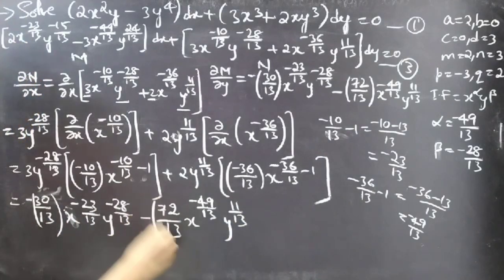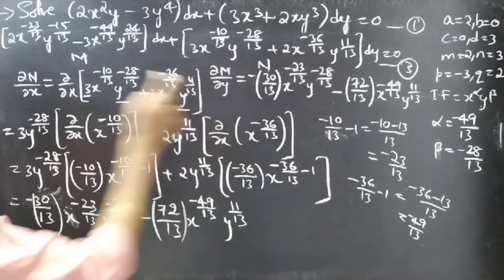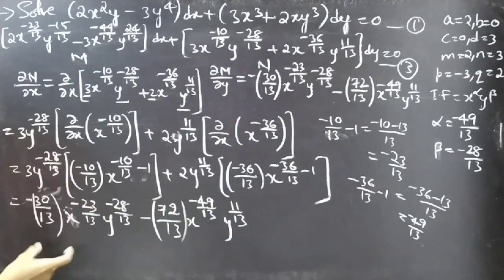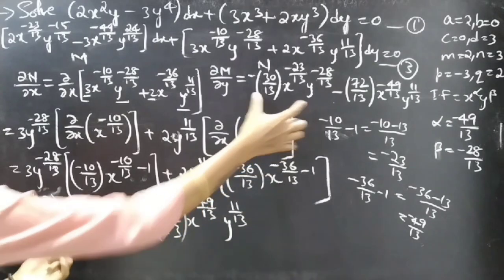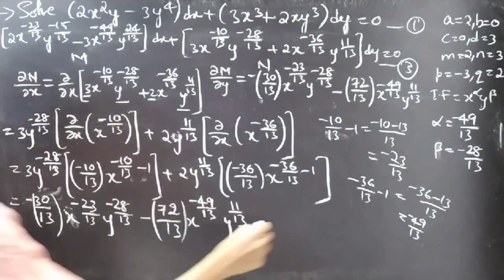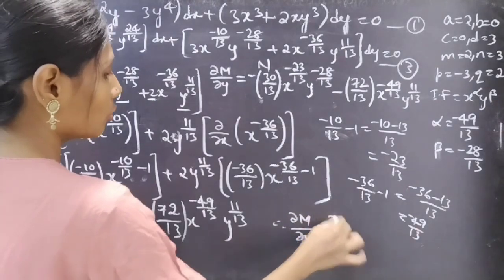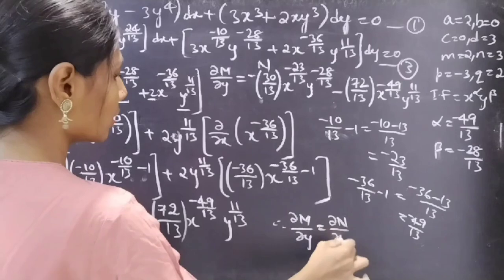Okay, by observing these two, we can say that the partial derivative of m with respect to y equal to partial derivative of n with respect to x. See, you have the same terms here. Therefore partial derivative of m with respect to y equal to partial derivative of n with respect to x.